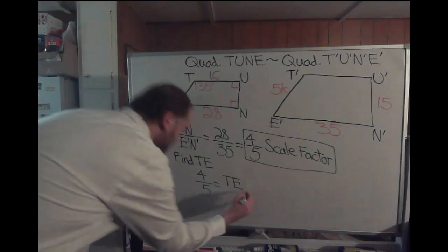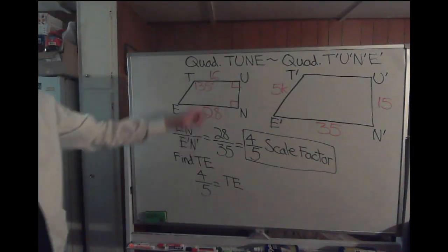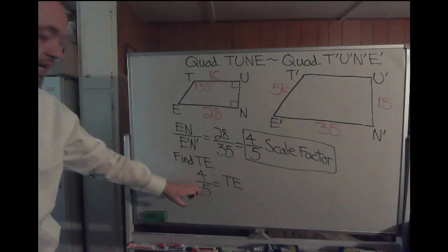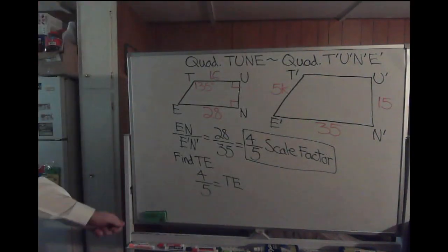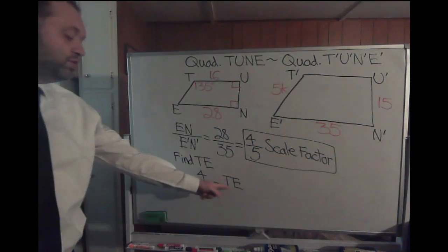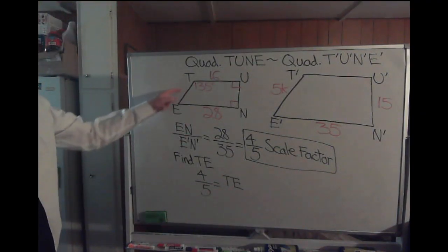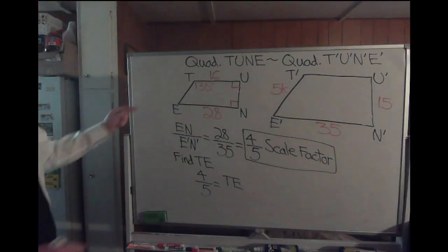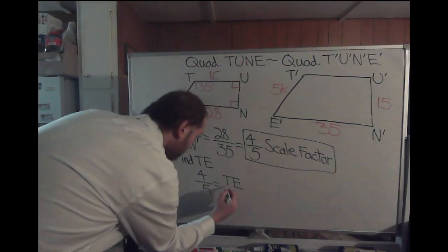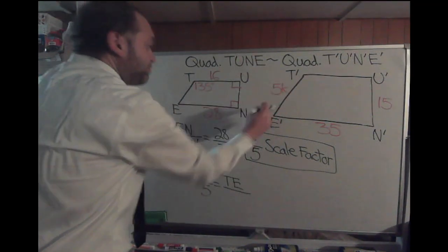So the scale factor reflects first the left quadrilateral, the bottom one in the denominator reflects the second quadrilateral. So therefore you want to set it equal to the value of the first quadrilateral that you're trying to find, which in this case would be TE, over that T prime E prime, which has a length of 5K.